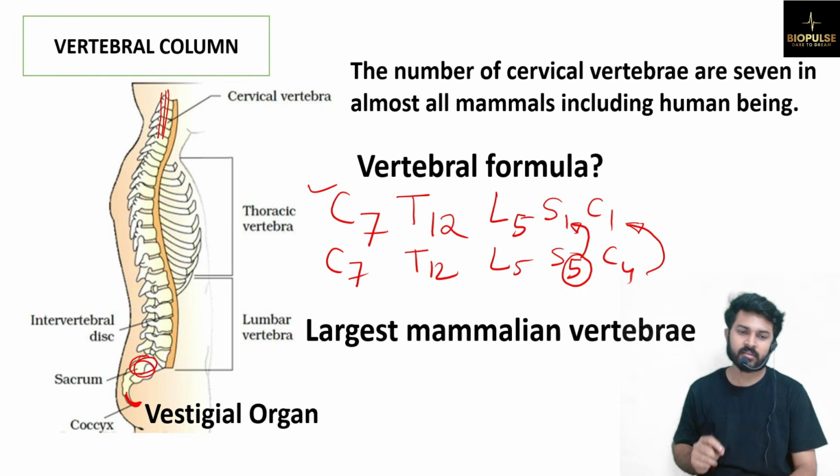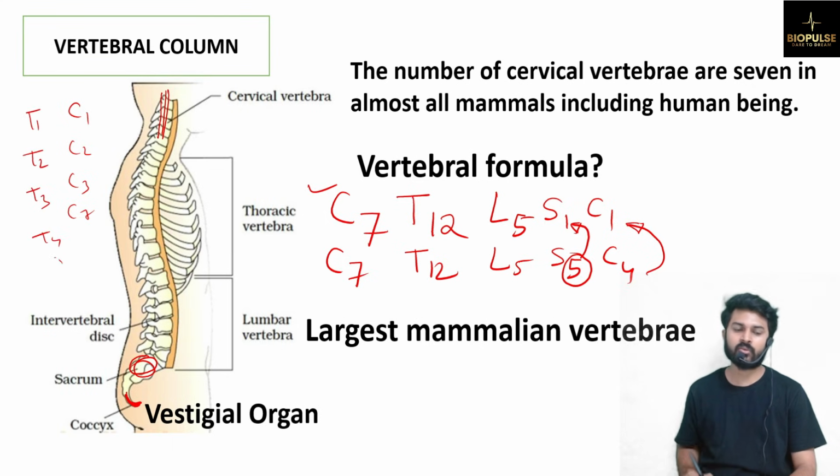Now based on this, there are a few important points we need to know about all the vertebrae. Cervical vertebrae, C7: I can name them as C1, C2, C3 and so on up to C7. If I am talking about T12, I can call them T1, T2, T3, T4 and so on.